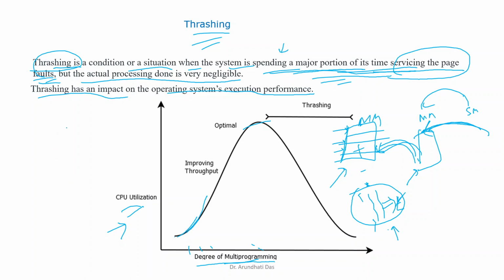Suppose there is a process which has CPU execution, then IO execution, and then again CPU execution. This is the order in which this particular process, suppose process 1, needs to execute.